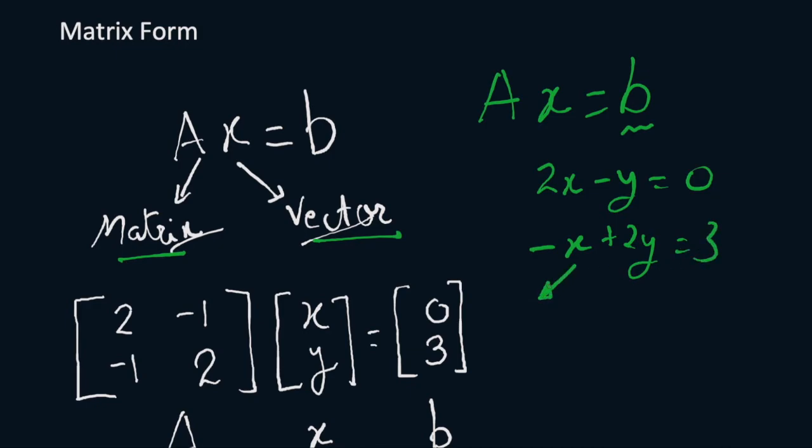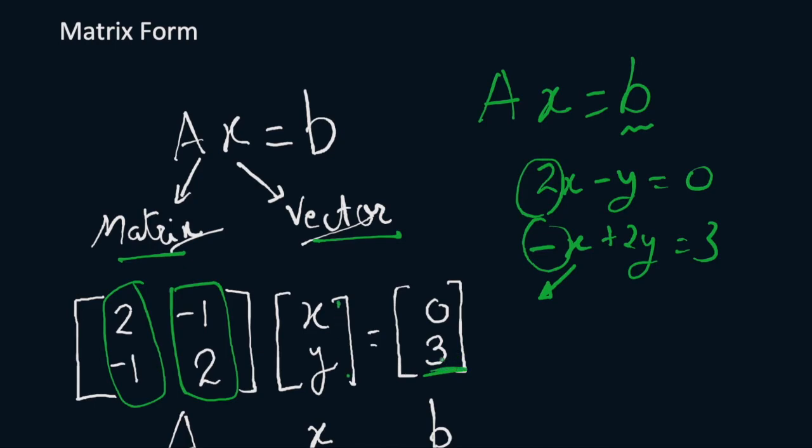Now we split it into matrix and vector form. So our matrix takes the values 2, minus 1 for this x, and minus 1, 2 for this y, and we need x and y to give us 0 and 3.